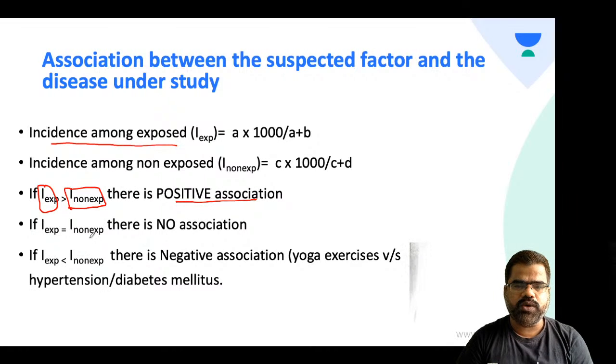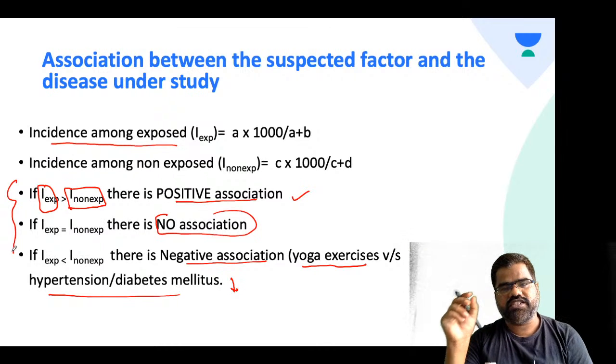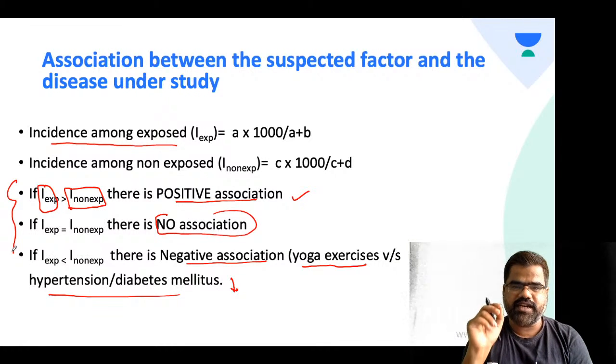If equal, there is no association, and if less, there is a negative association. As an example of negative association: if you do exercise and yoga, hypertension and diabetes mellitus are less. So there is a negative association between exercise and hypertension. This is how you check the association between the suspected factor and the disease under study.